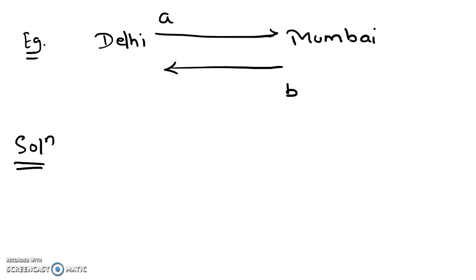So if I say from Delhi to Mumbai the distance is d, the person is going through the same path. So what would be the average speed? Total distance by total time.